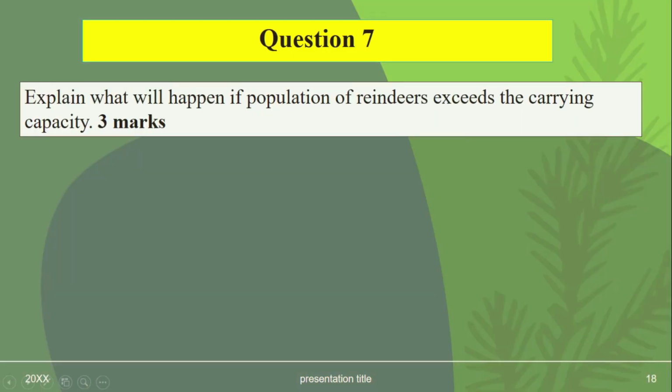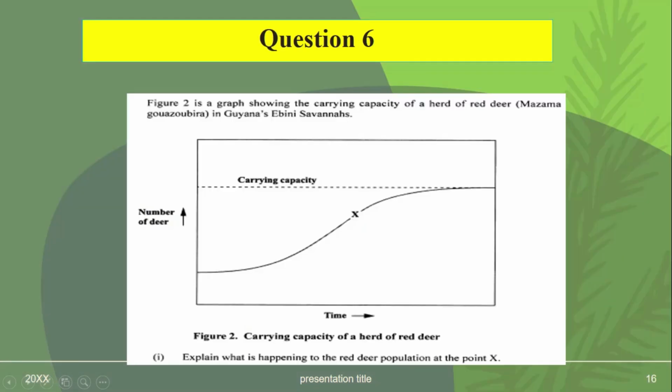All right, let's go to question 7. Question 7 says, explain what will happen if the population of reindeer exceeds the carrying capacity. If the population goes over the carrying capacity, the population will go down, because population increases with birth rate.